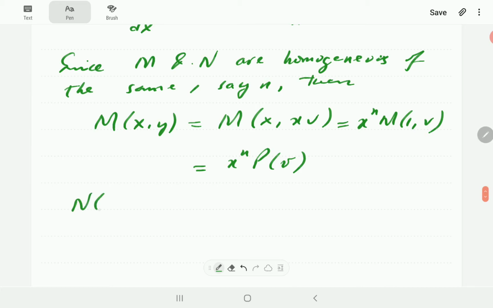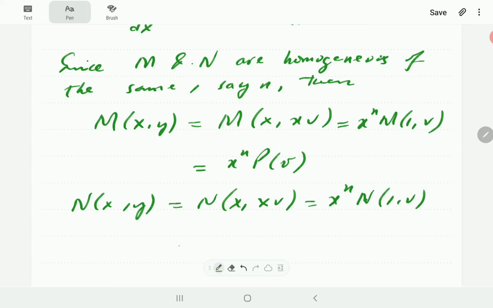Similarly, N of (x, y) is N of (x, xv), which is x to the power n times N of (1, v). N of (1, v) is just a function of v, which we'll call q.